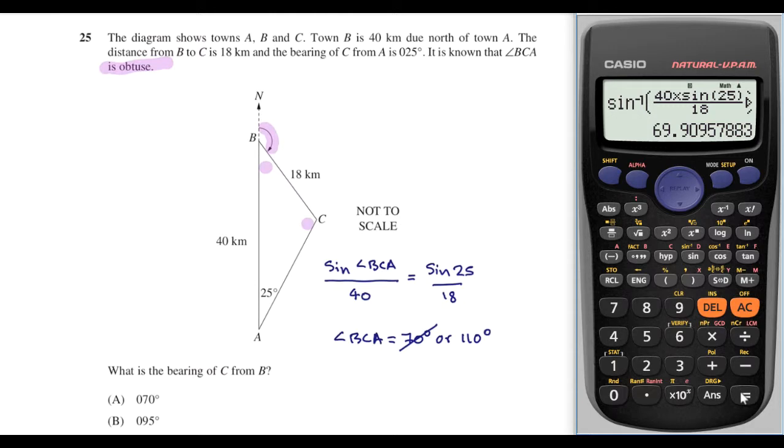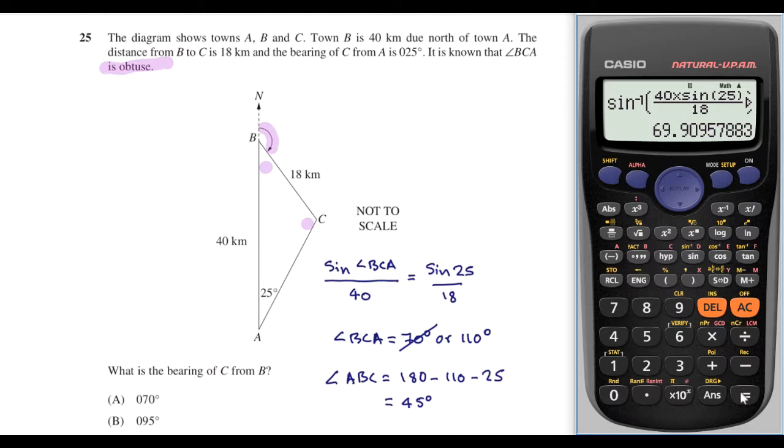This means that angle ABC equals 180, the angle sum of a triangle, minus 110 minus 25, which equals 45 degrees.